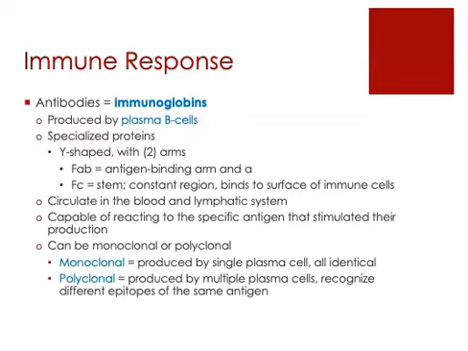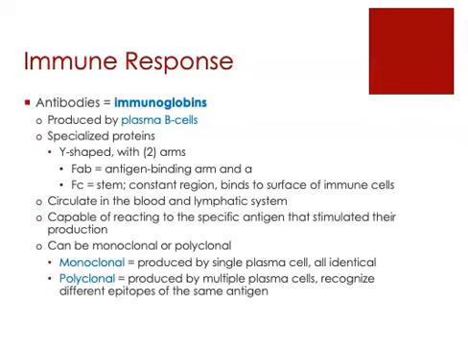Polyclonal antibodies are different. Polyclonal antibodies are produced by multiple plasma cells, and they're going to all have different FAB in that they can bind to different epitopes of the same antigen.